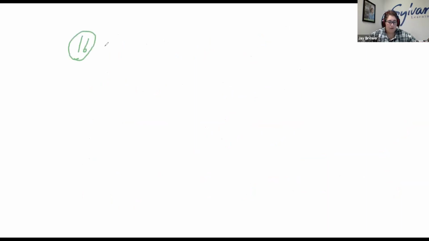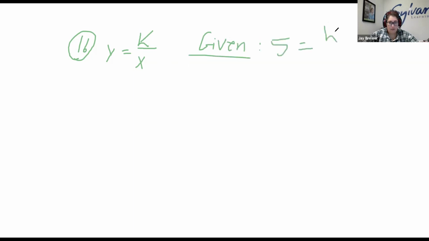All right. Number 16 was another word problem. I'm not going to go looking for it. You guys, if you have it, you have it. If you don't, you can refer to it. But it's obviously an inverse problem. All right, so we're given 5 equals k over 30.